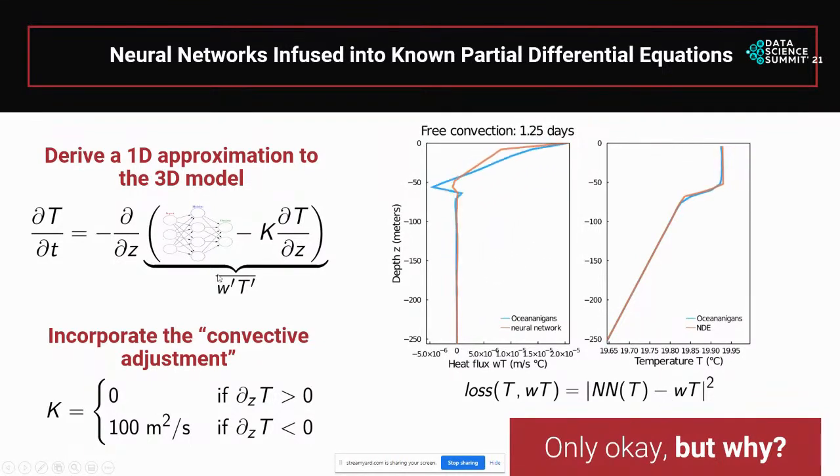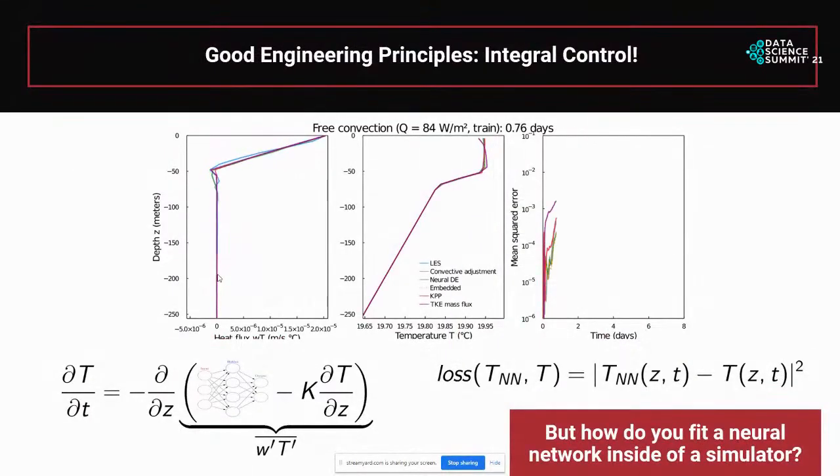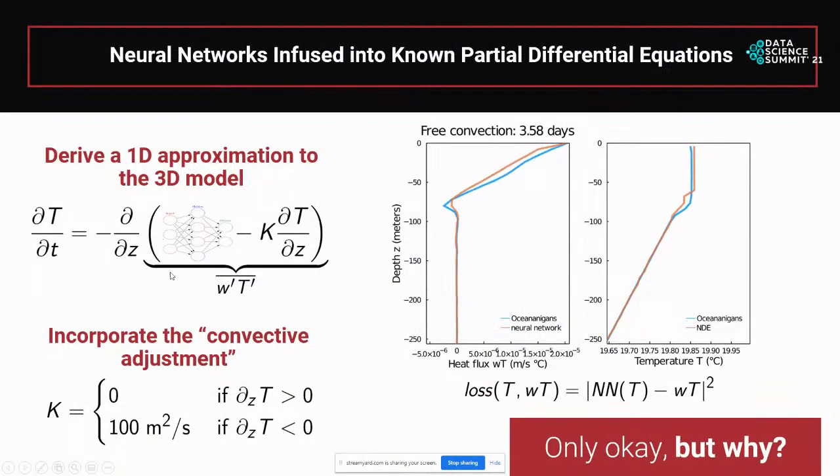This version of the model is only okay, and the reason is that we don't want to get the derivative correct. The neural network is specifying the derivative of the model, and if you're in an engineering course, you've probably heard that getting the derivative correct is not good for controlling a system well. What you need to do is make sure you get the integral correct.